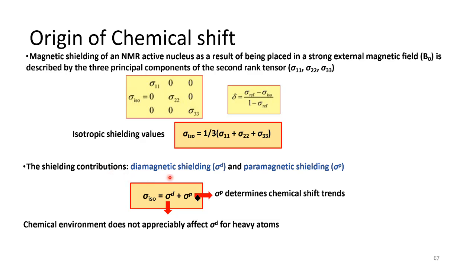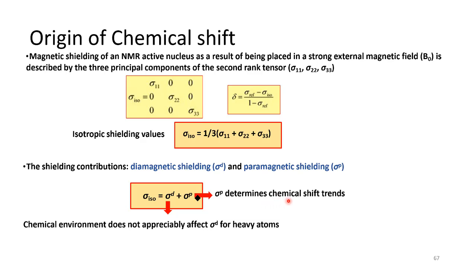Both diamagnetic shielding and paramagnetic shielding contribute towards the isotropic shielding value. The chemical environment does not appreciably affect the diamagnetic shielding for heavy metal atoms.